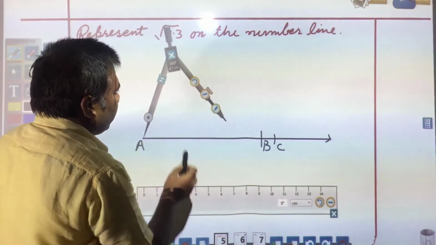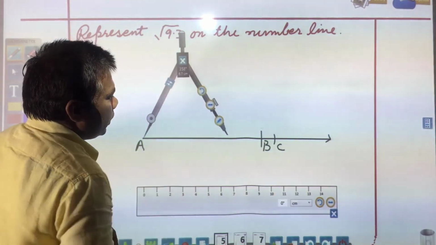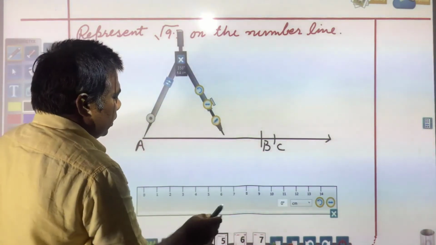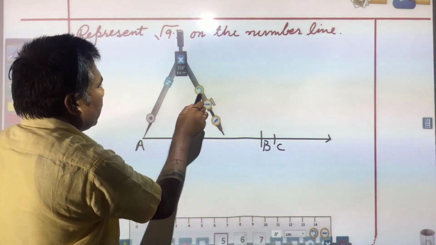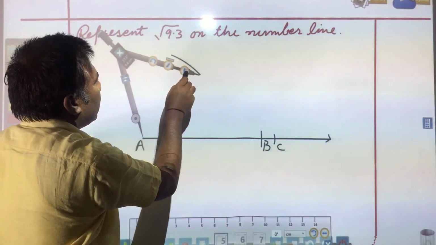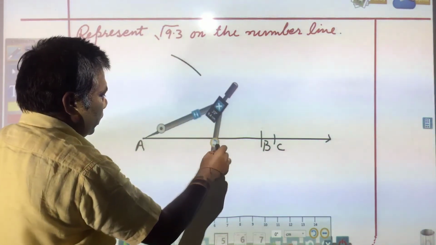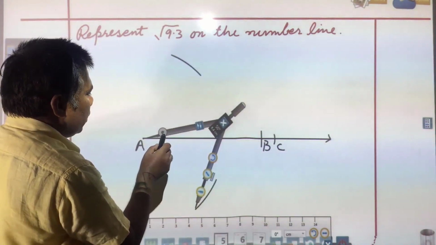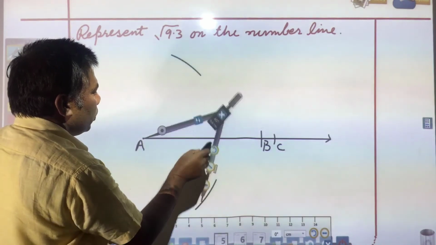take more than half distance, here you see around this, and cut mark you make both sides, up and down. Here you see, over here also you do, and this side also.